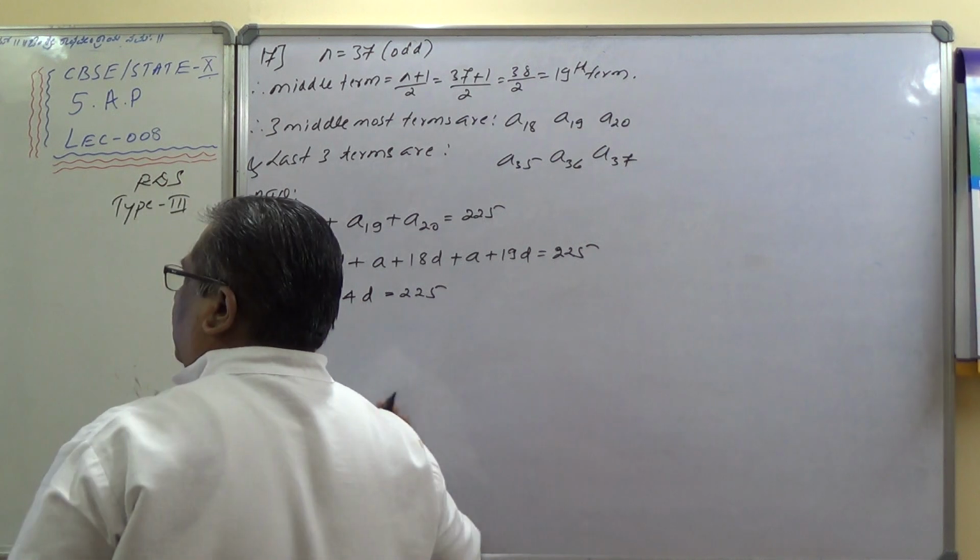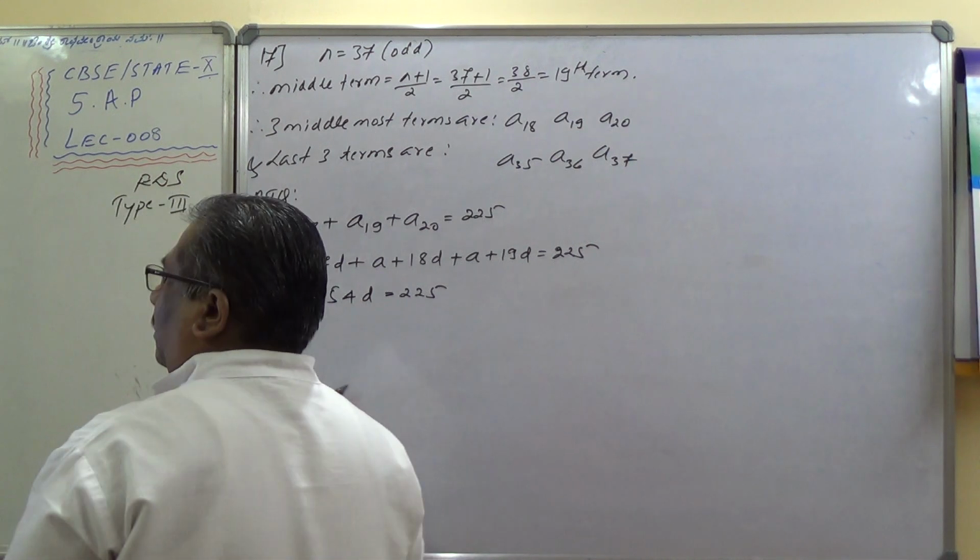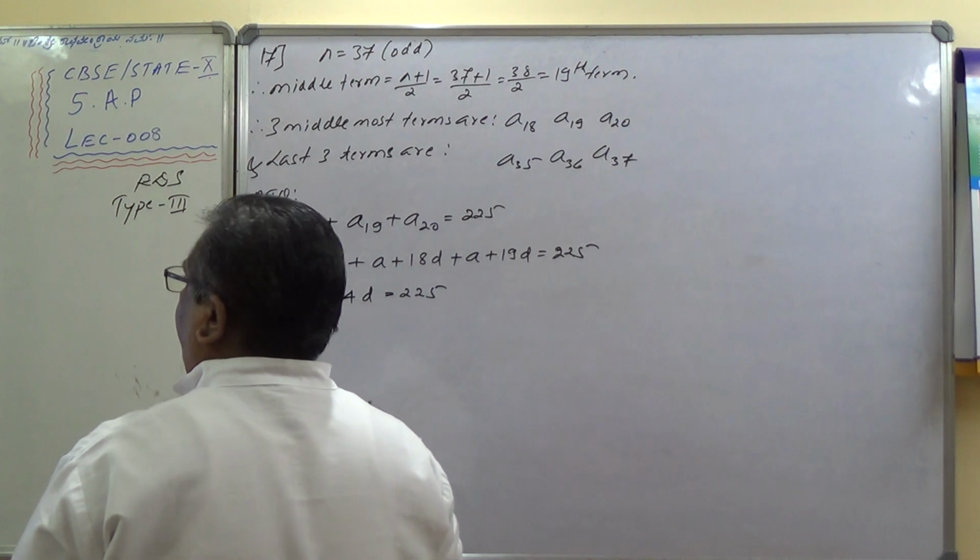Let me check whether it is correct. Yes, 3A plus 54D equals 225.